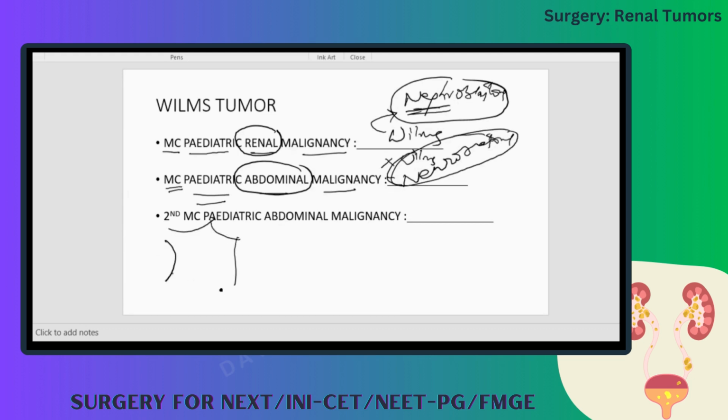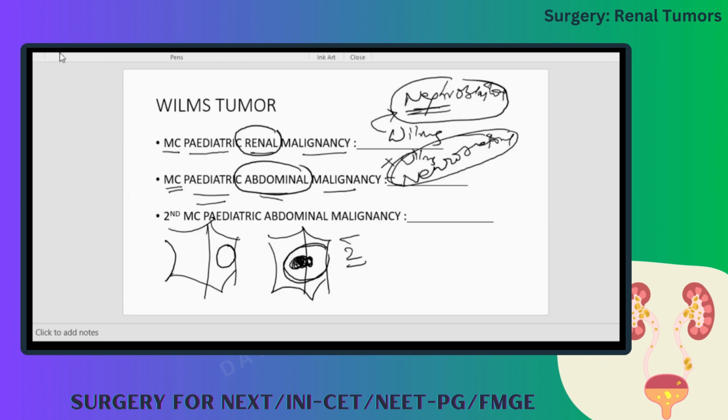Simple. Nephroblastoma is unilateral, whereas neuroblastoma will cross the midline. And in neuroblastoma there will be intratumoral calcification. Two points: it will cross the midline, and there will be intratumoral calcification in neuroblastoma.